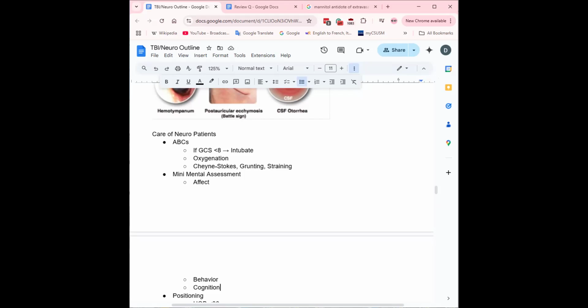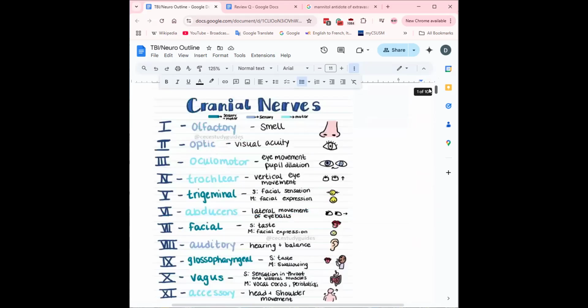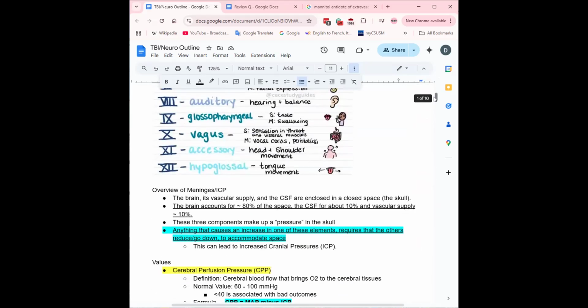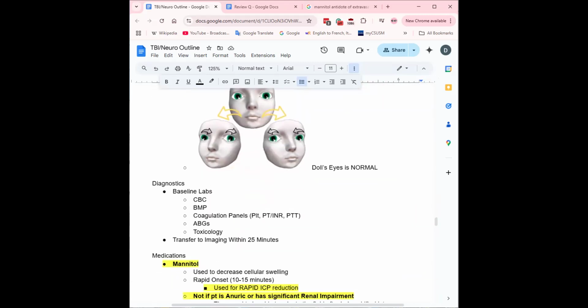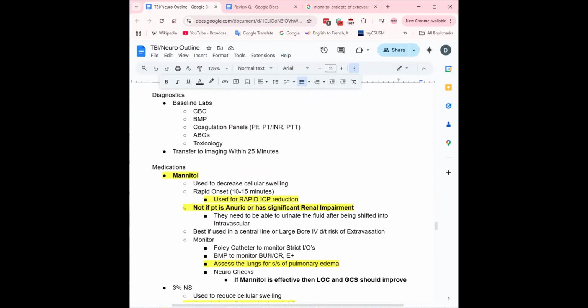I think it's cranial nerve three. Let me see. Whatever oculomotor is. Three, yeah. What else do we got? We said Cushing's triad, so that's again important.